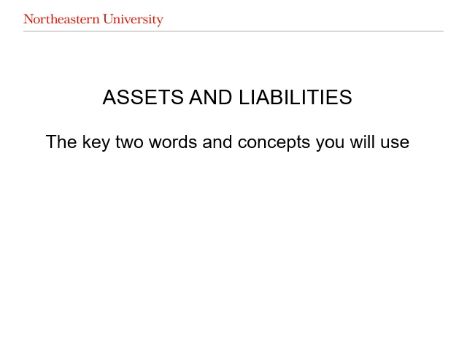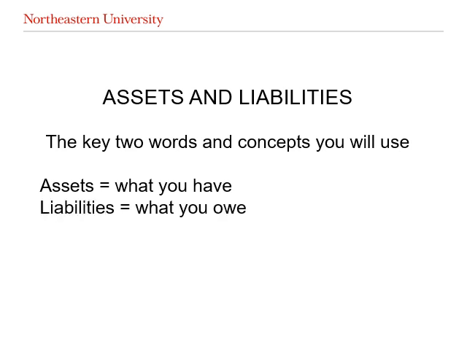Assets and liabilities are 2 words, and they're concepts that you will see the most in financial management. Assets, very simply, are what you have. They're good. And liabilities are what you owe. They're painful.